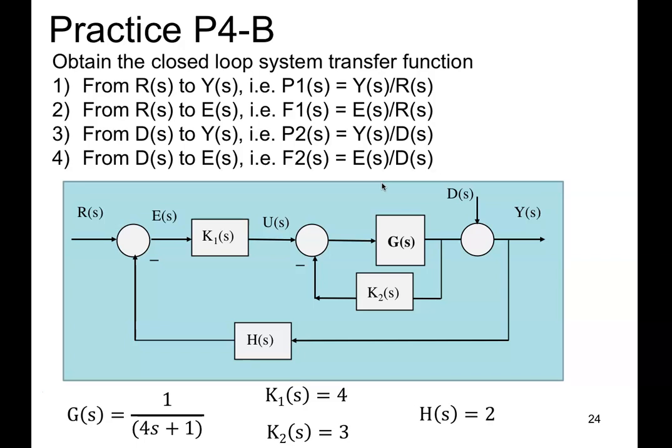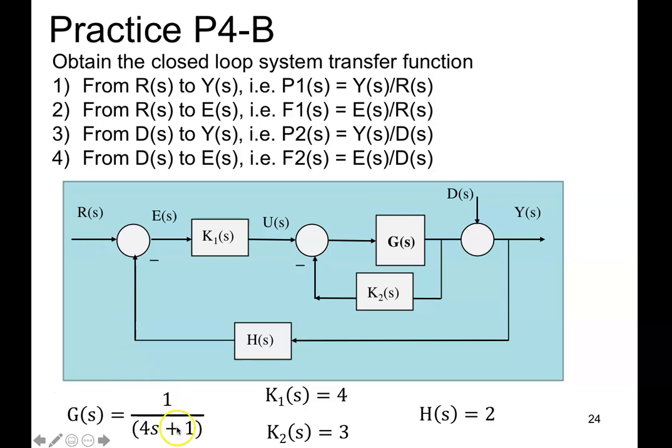Okay, so I'll set an example for you, a practice question for you to do as well. For this block diagram, we have two loops here. There's an inside loop from U to G, and then going back, there's K2. There's a disturbance there, and an input there.